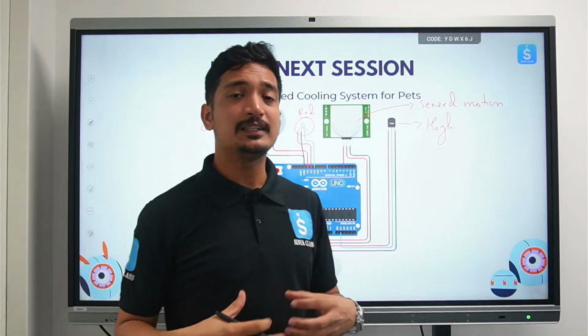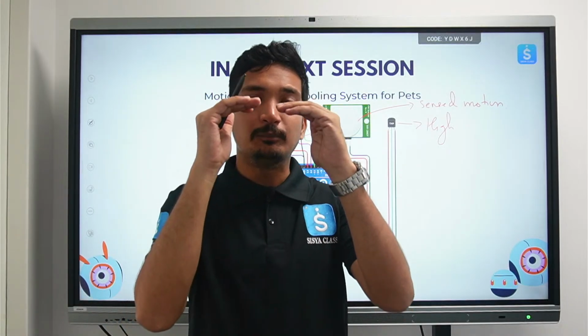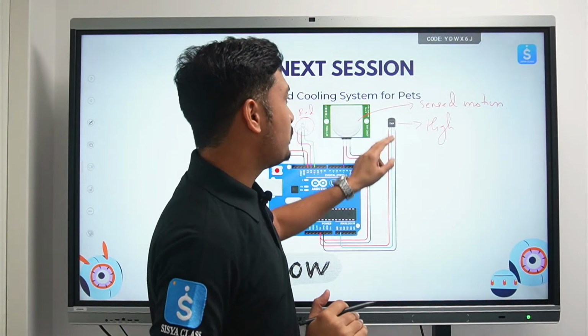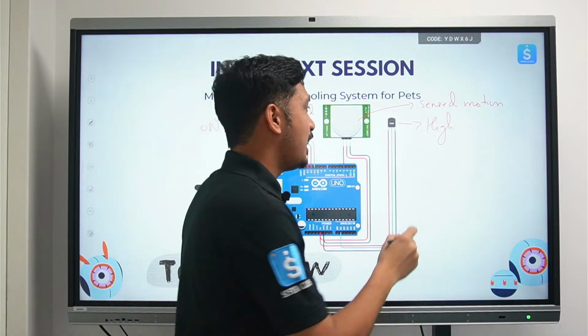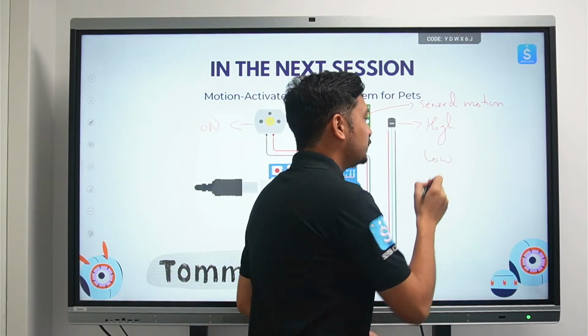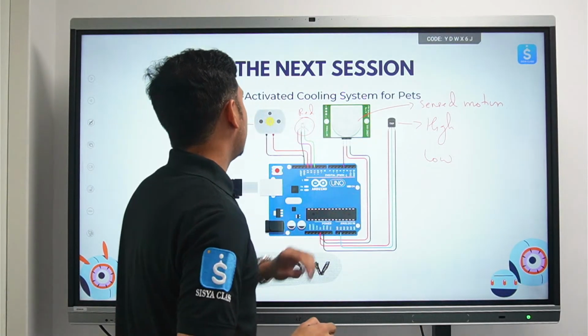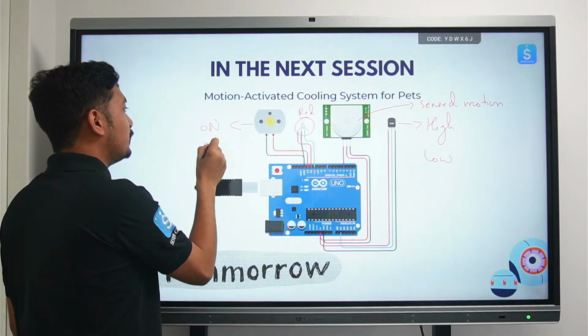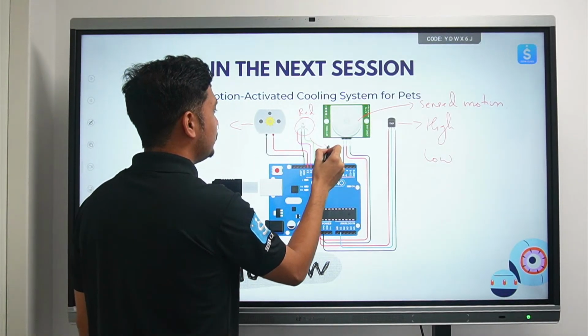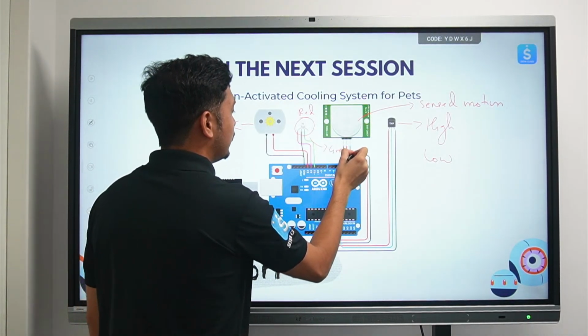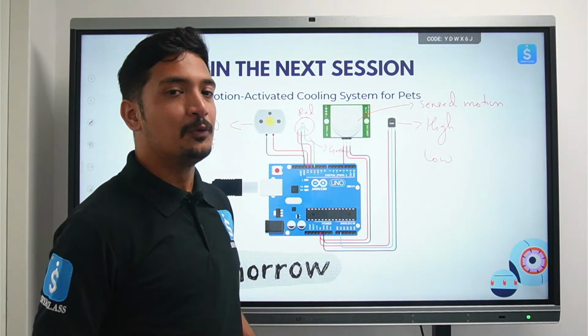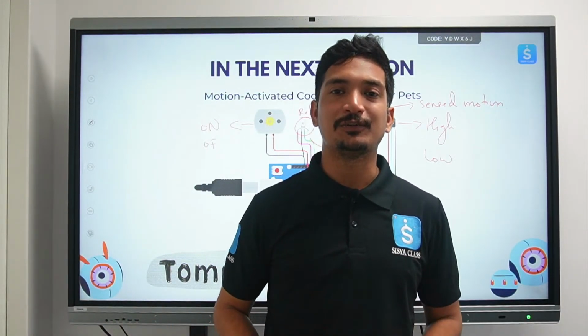Once the fan is turned on and the temperature comes down, the temperature sensor will keep on checking it. Once the temperature goes low, the fan will be turned off and the LED will turn green again. This can be a super cool project if you have pets at your home.